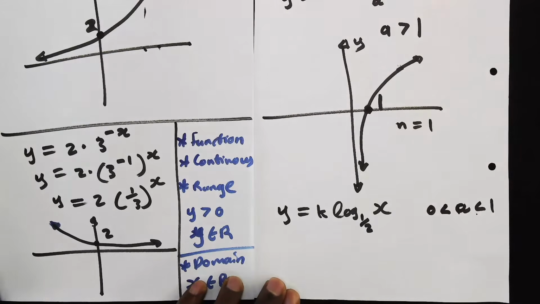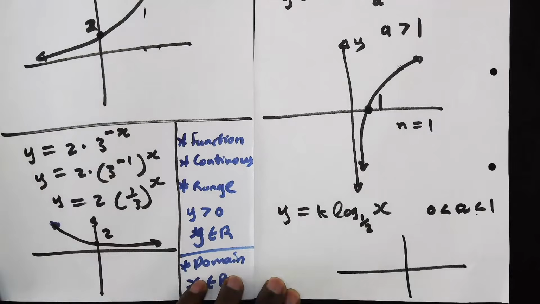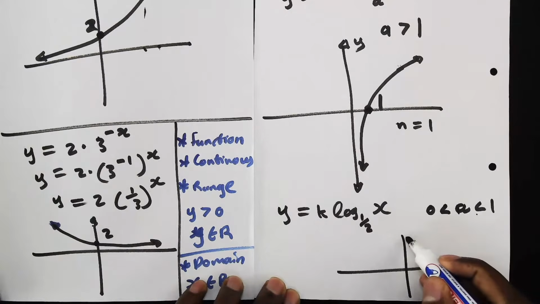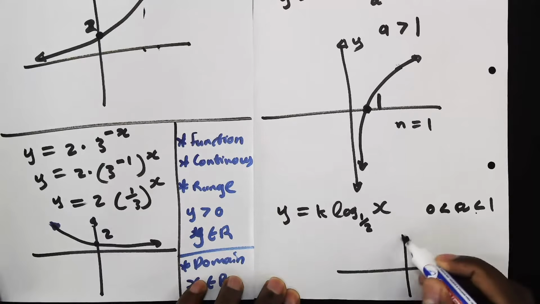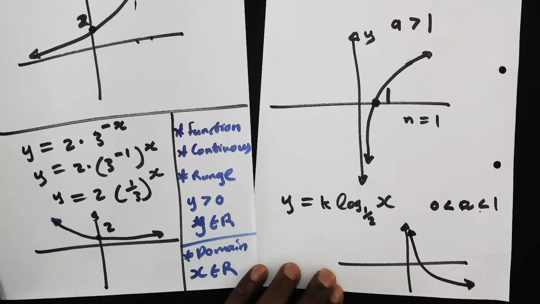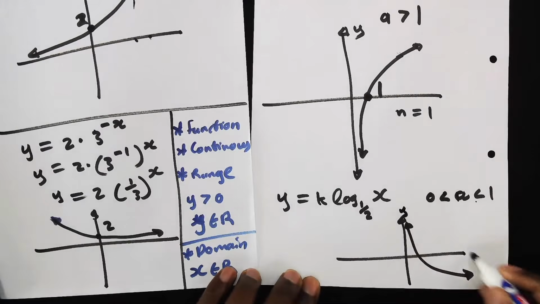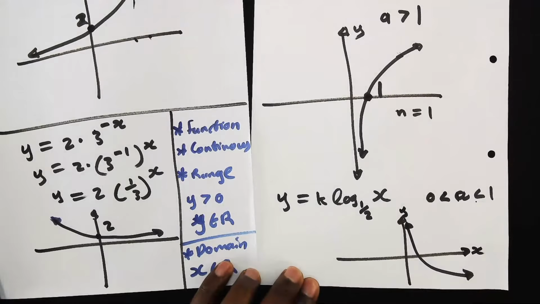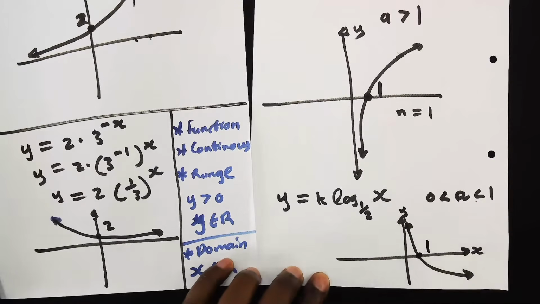The graph of logs opposes the other one. The other one was going from decreasing to increasing. This one will be decreasing as the x values increase. It still uses the y-axis as an asymptote. Again, given that n is equal to 1, it will cut through 1.